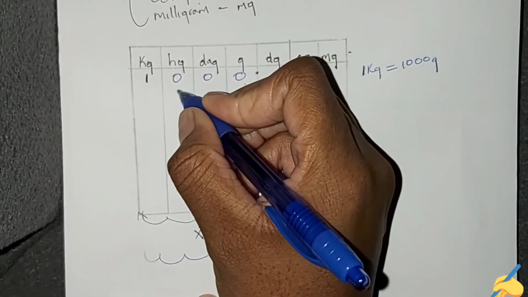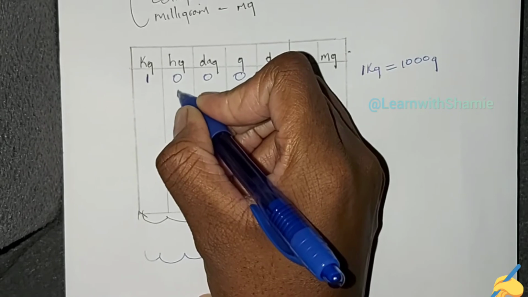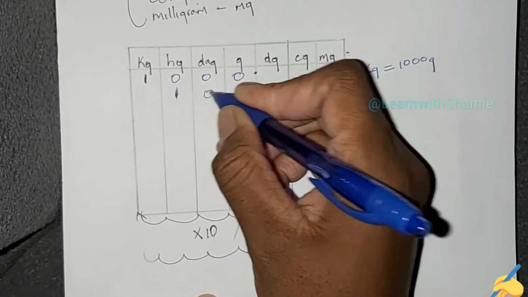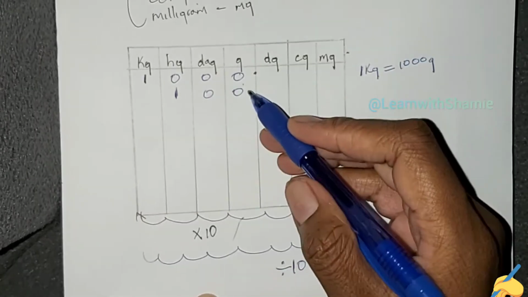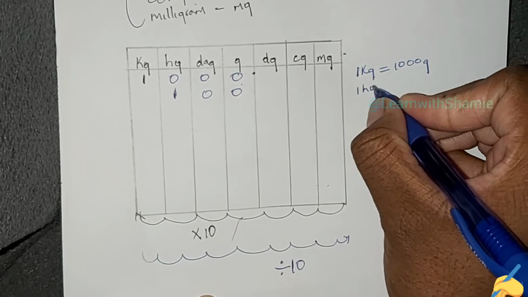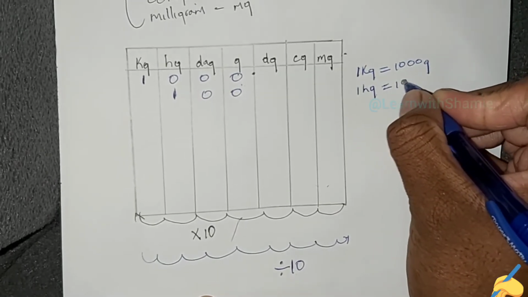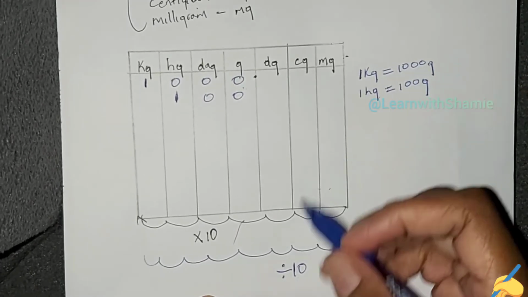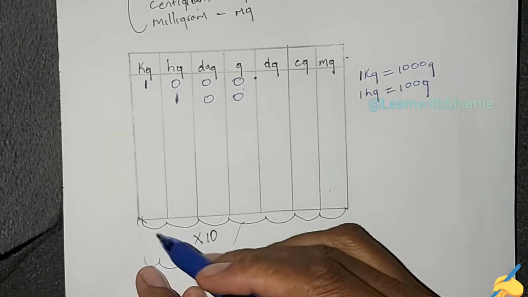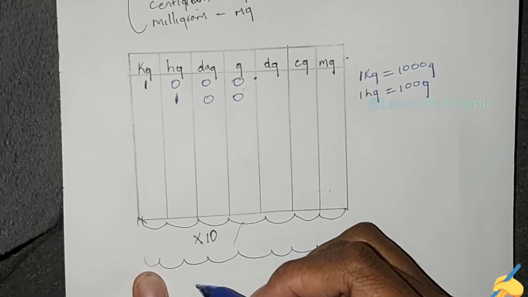If you have 1 hg and you're going to convert to gram, you're going to move 2 places to your right. So you say 1 hg is equal to 100 gram. So going to your right, you multiply, and going to your left, you divide.